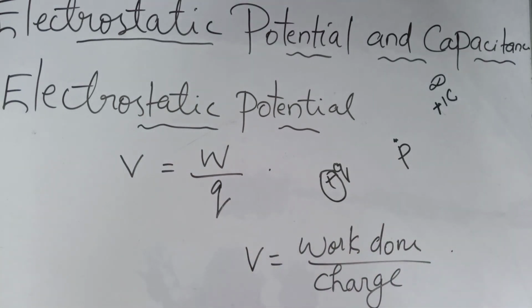Okay, so the electric potential at a point is the work done by an external force in bringing a unit positive charge from infinity to that point.